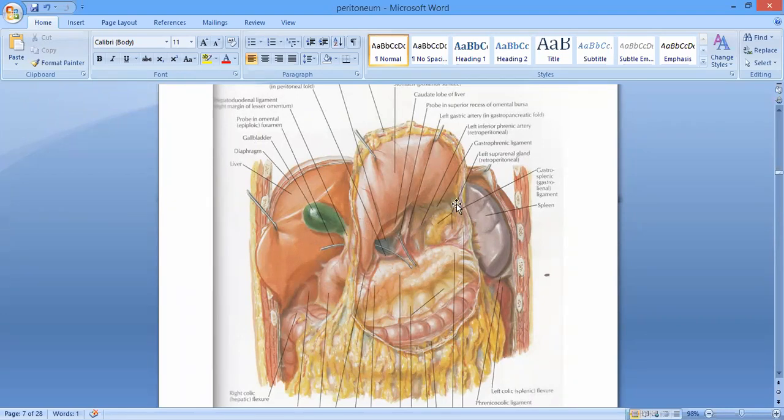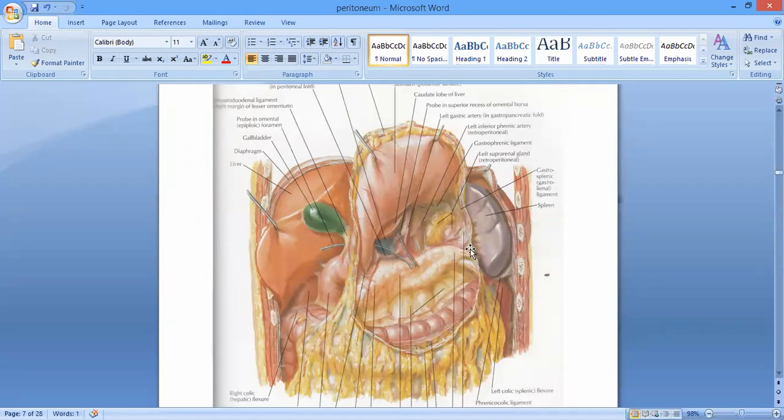And then we have got here the splenico-renal ligament. So from the left side, it is limited by the spleen, gastrosplenic ligament, and the splenico-renal ligament.